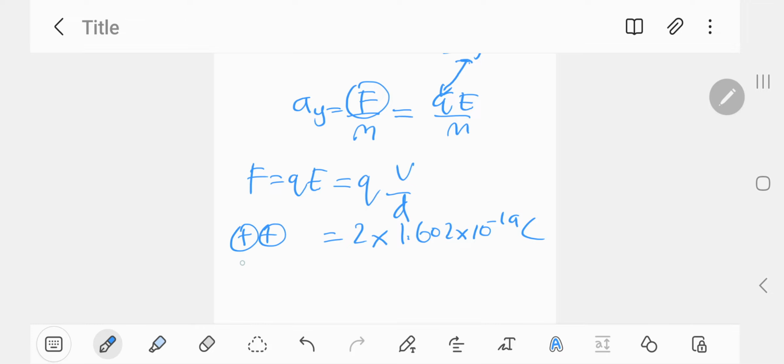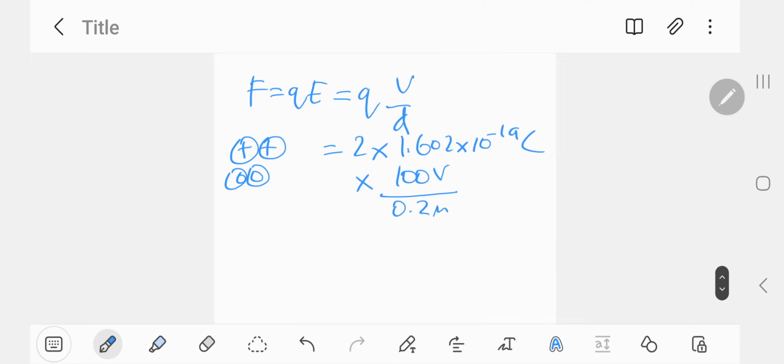A helium nucleus is made of 2 protons and 2 neutrons. Now E is also given by V over d. We're given the potential difference, which is voltage V, and the distance d between the plates. Times that by the potential difference, which is 100 volts, and the distance between the two plates is 0.2 meters. Calculating that, you get 1.602 times 10 to the minus 16 newtons.